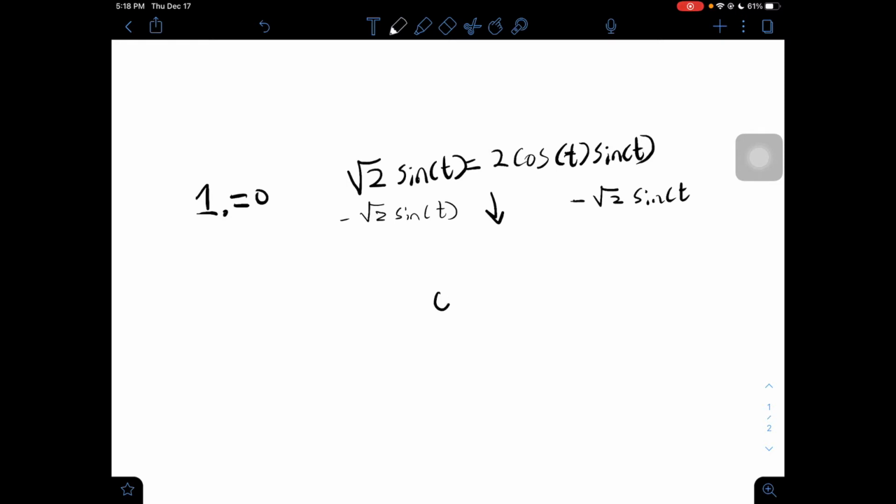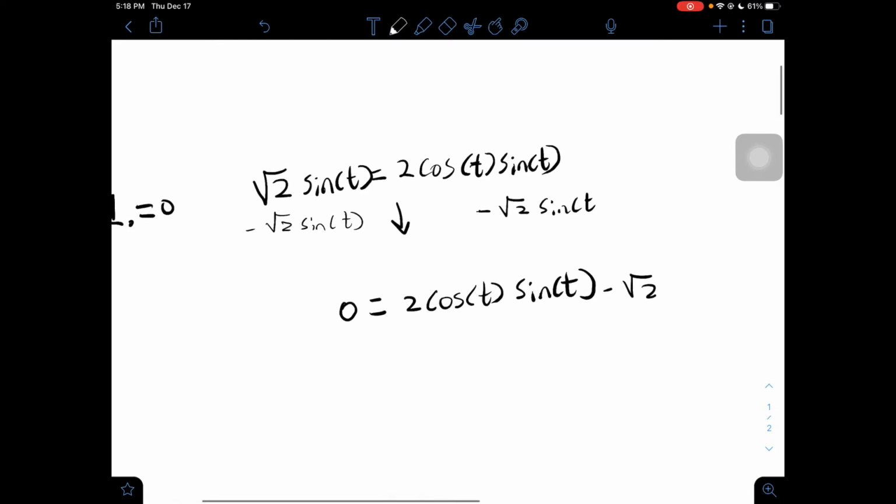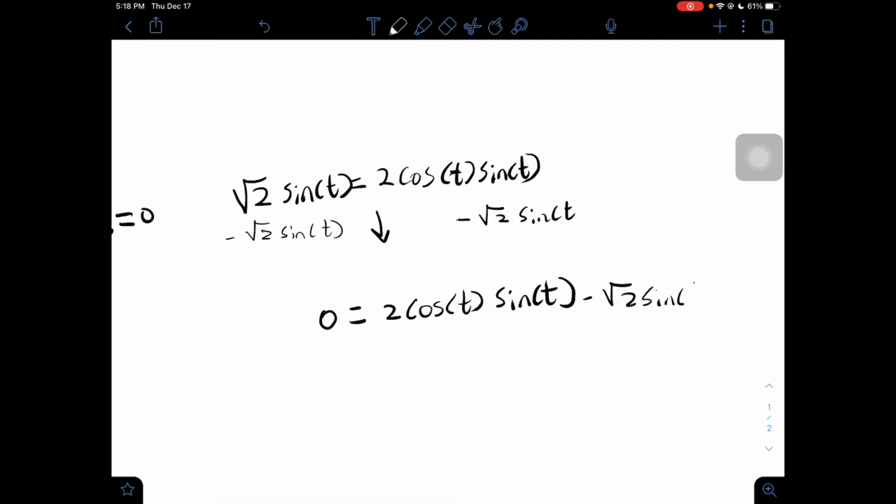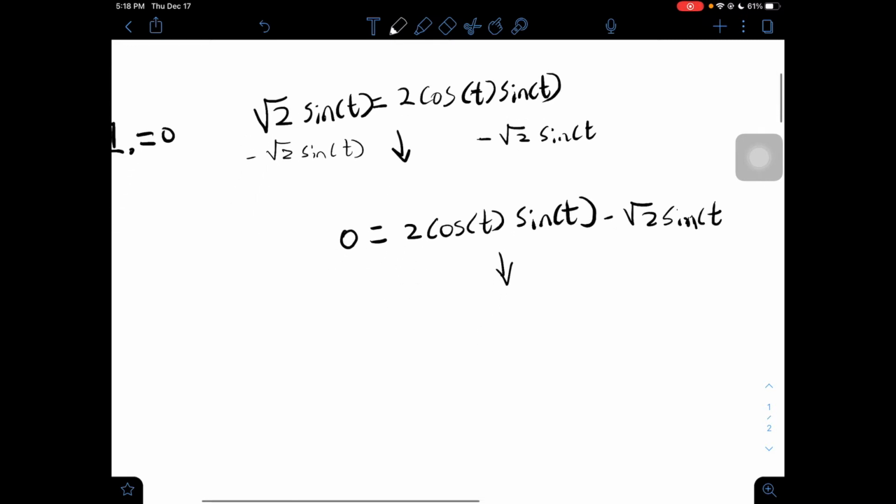Now we are left with 0 equals 2 cosine of t sine of t minus the square root of 2 sine of t. Now that we have this equation, what we are going to do is factor out the sine, which leaves us with 0 equals sine, parentheses, 2 cosine of t minus the square root of 2.